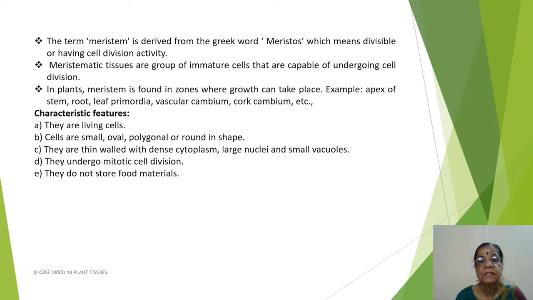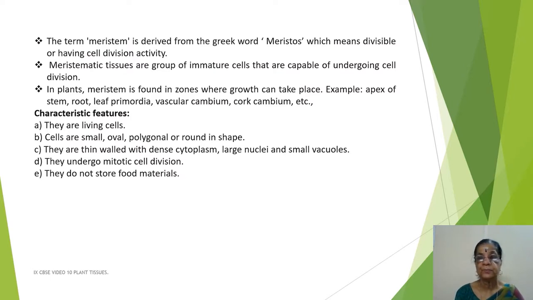I repeat, they are thin-walled cells with dense cytoplasm, large nuclei and very small vacuoles. But in our book it says large vacuole. But usually a small vacuole will be present. Right? Then they undergo mitotic cell division and they do not store food material.